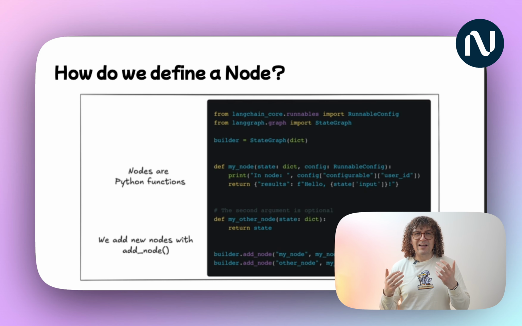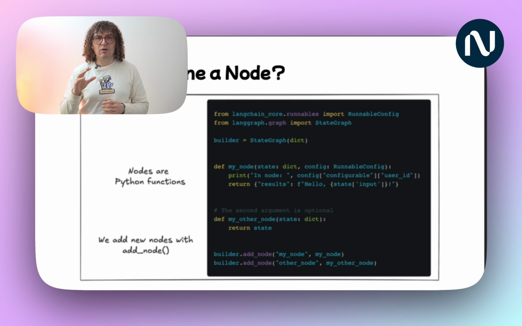All that can sound complicated. You might be saying, hey, I will require so much in order to get my nodes implemented. However, if you look at our example, we can just see how nodes in the end are just Python functions. And these Python functions can be very straightforward. In the end, we define the function and we add each of them to the LangGraph with the add node function.